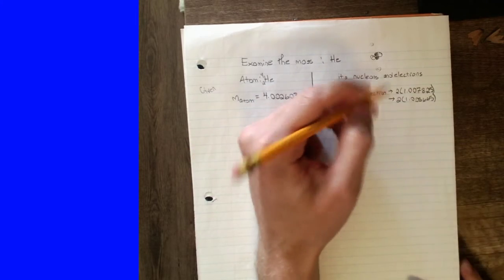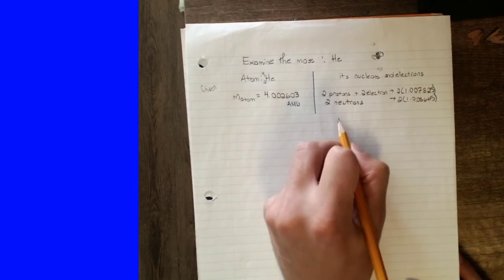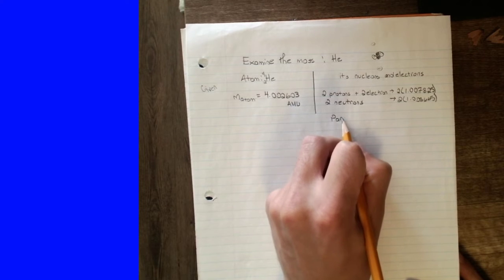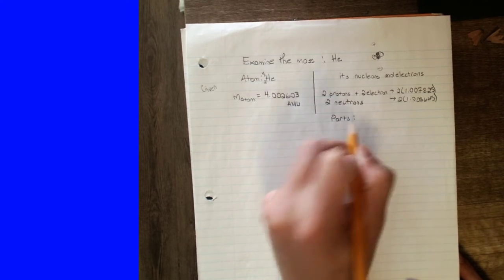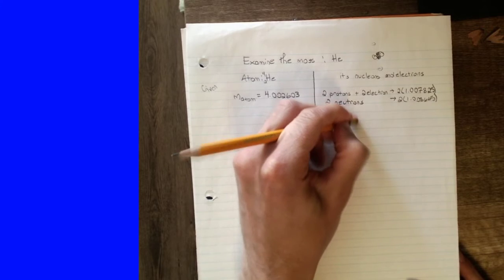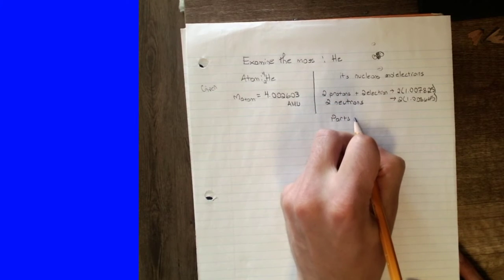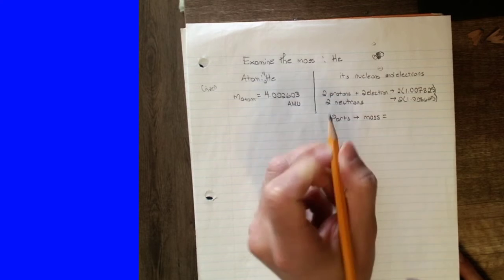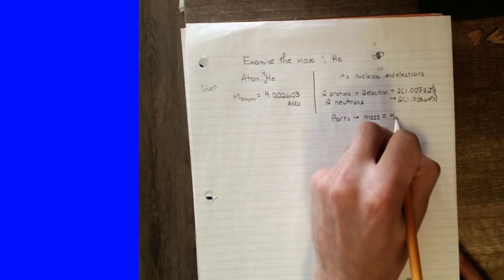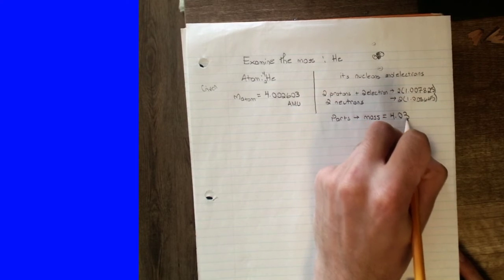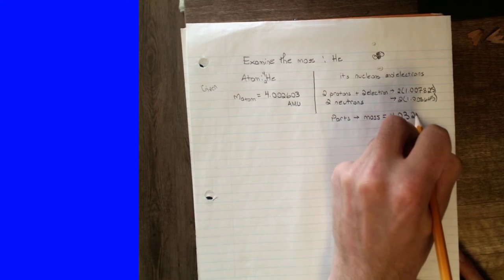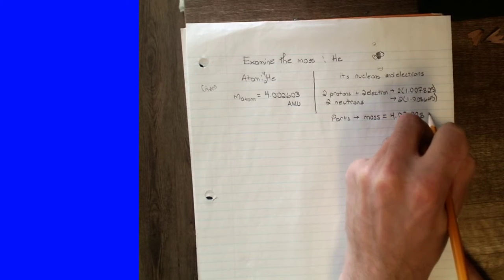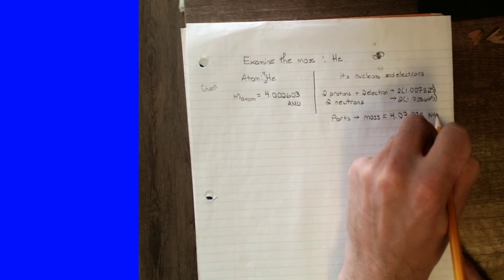And when you add up all the things that make up the atom, maybe we'll just call it the parts, you get a mass that's equal to 4.03298 atomic mass units.